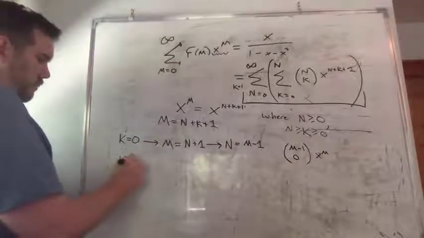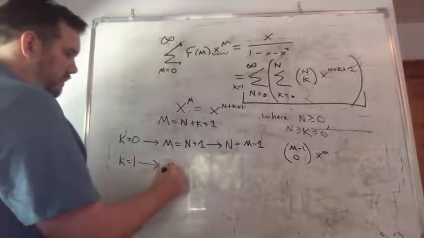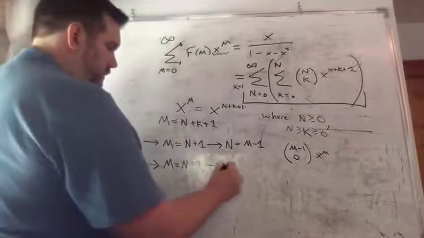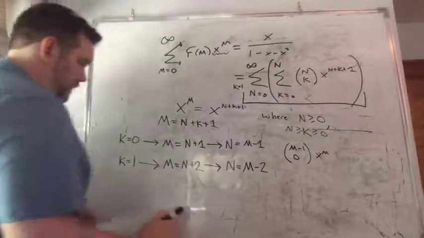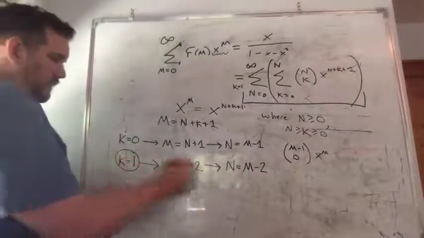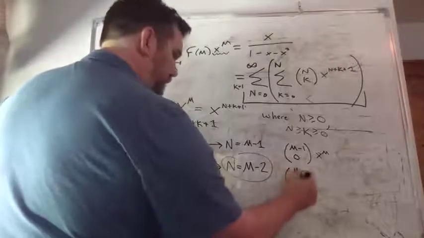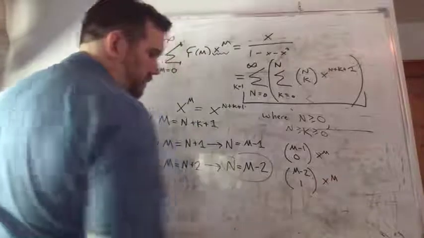Similarly, if k is equal to 1, then that means that m is equal to n plus 2. So n is equal to m minus 2. And taking this and this, I can see that I'm going to end up with an m minus 2 choose 1 x to the m term.